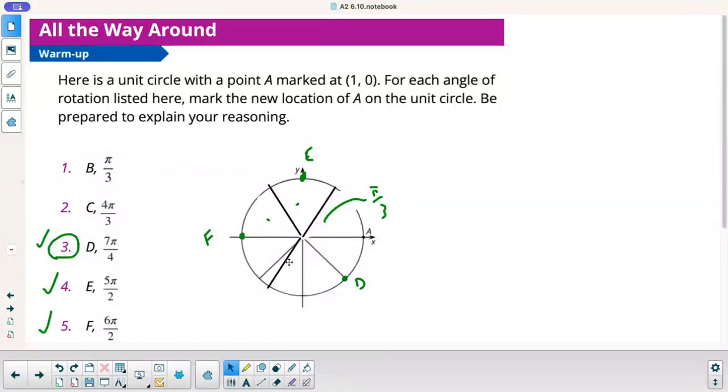My picture's a mess. There we go. So right there would be 1, 2, 3, 4 pi over 3. So right about there would be my C, my 4 pi over 3. Oh, I guess I should have put my B up here. This would be my B. This is 1 pi over 3. Okay?